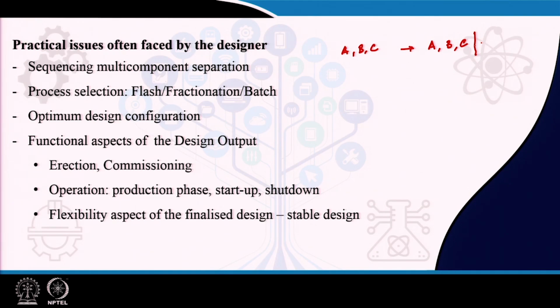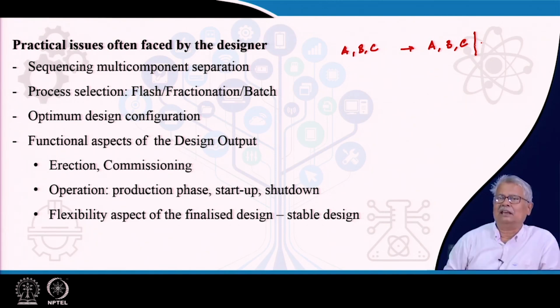The next option that comes is almost equally important, that's selecting the process. When to select flash, when to select fractionation, when to select batch distillation. The inputs on these have already been given to you while these topics were discussed, but I will try to consolidate here and include a few heuristics on that. We definitely have to talk about optimum design.